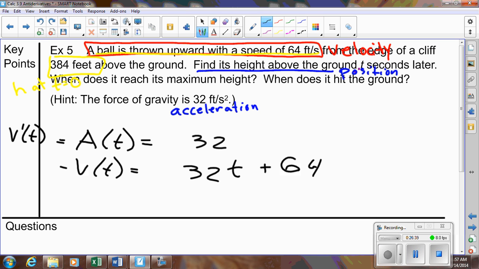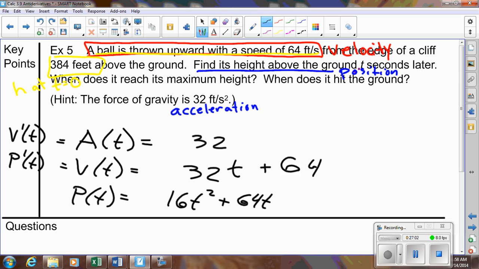Knowing that velocity is the derivative of the position function, use the antiderivative to get your position function. What's the antiderivative of 32t plus 64? 16t squared plus 64t plus some constant.